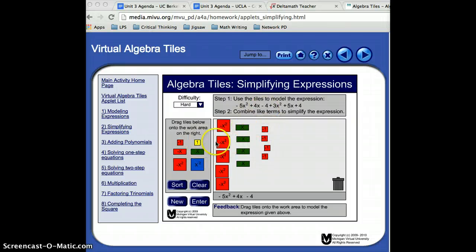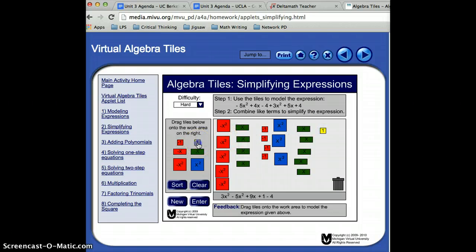Okay, I did the negative 4. Positive 3x squared, so I'm going to grab some of these positive x squared tiles, 3 of them. I'm going to grab positive 5x tiles. Okay. 1, 2, 3, 4, 5. And then I have a positive 4.